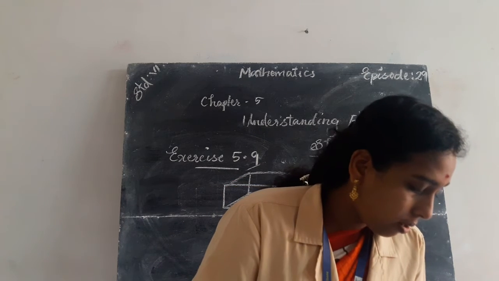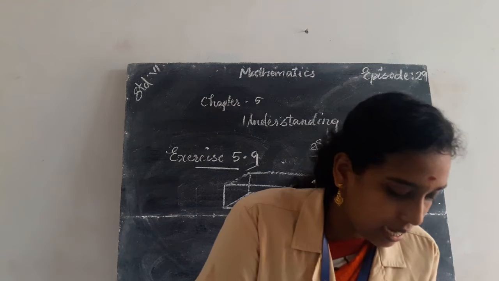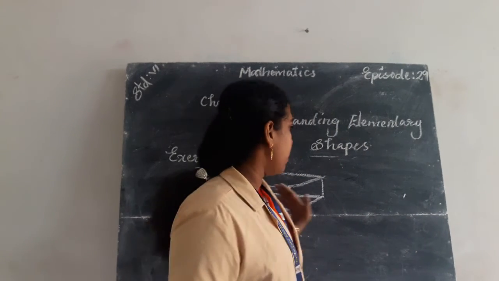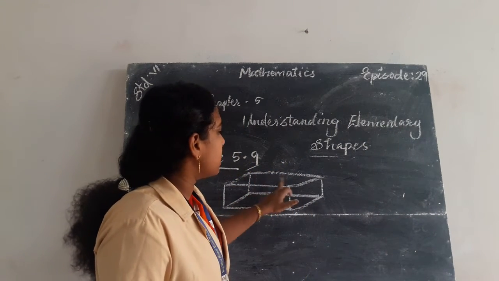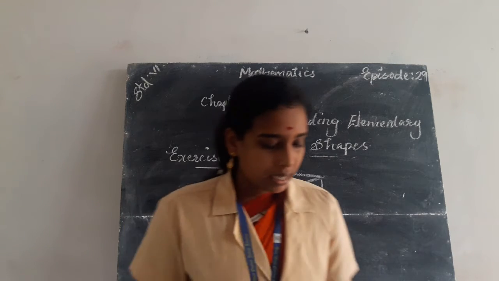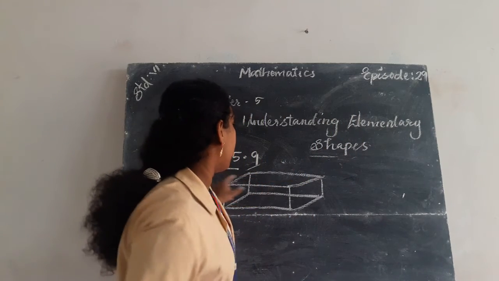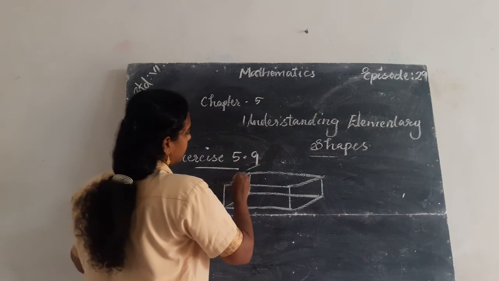A cuboid looks like a rectangular box, and it has 6 faces. They have 6 flat surfaces, and they are called 6 faces. And each face has 4 edges.